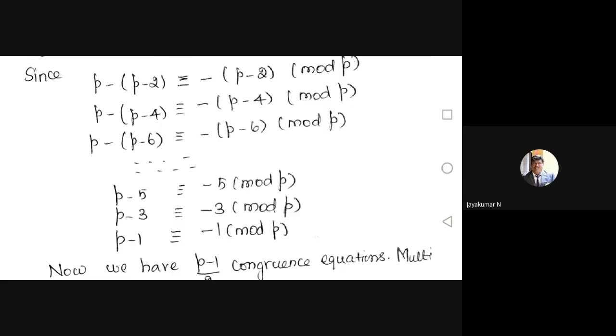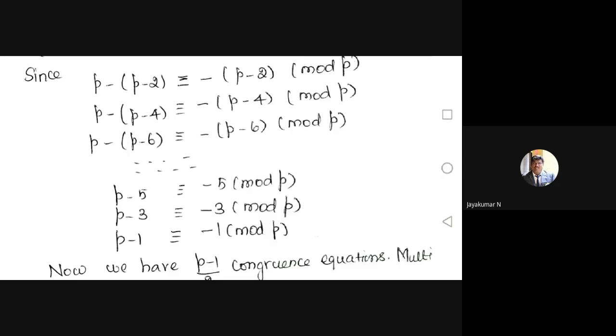Correspondingly, the right hand side of the congruence will also be multiplied under mod p. So you can get the number of congruences is p minus 1 by 2.